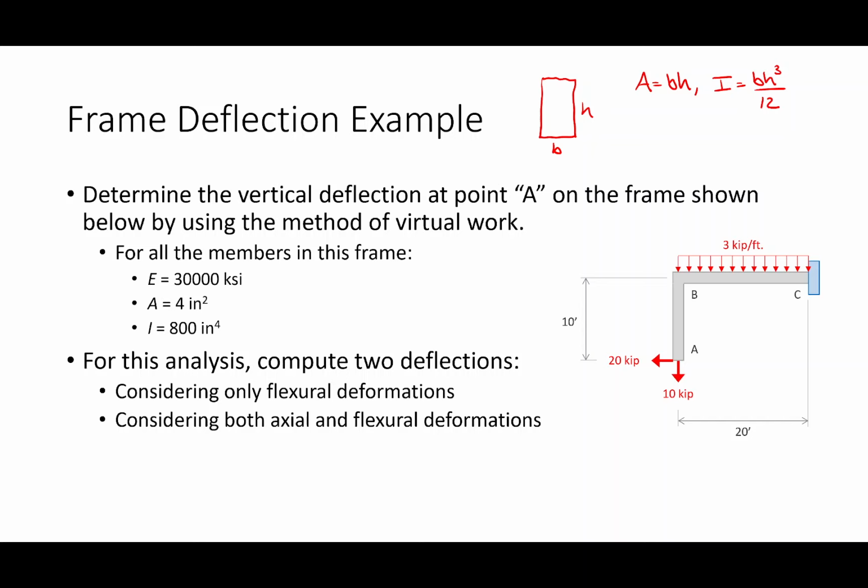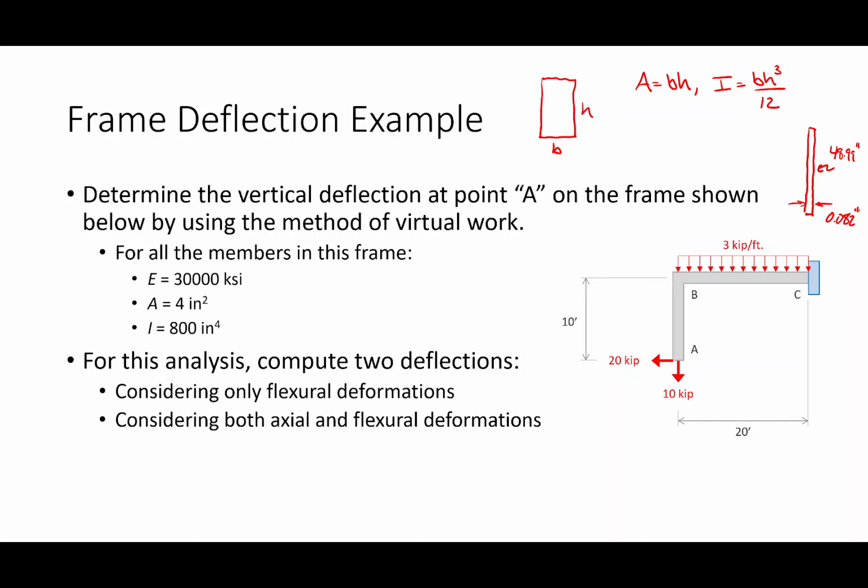for you to get a beam that has an area of 4 square inches and an I of 800, this is a really silly cross section, because what it's got to look like is about 48.99 inches tall, but only 0.082 inches thick.